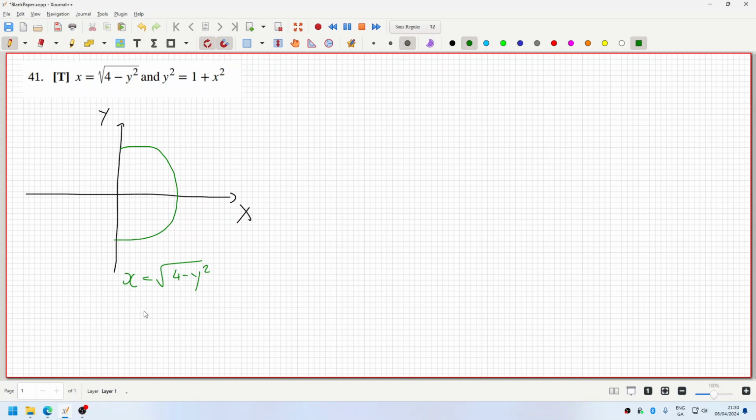But in fact, you could rearrange it. You see, this one here, y equals root 1 plus x squared, plus and minus though.